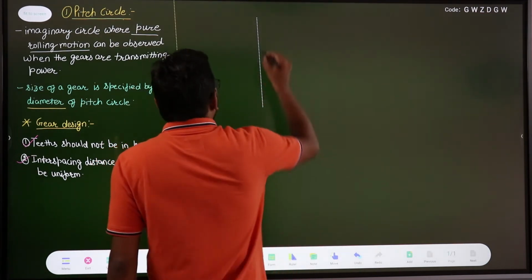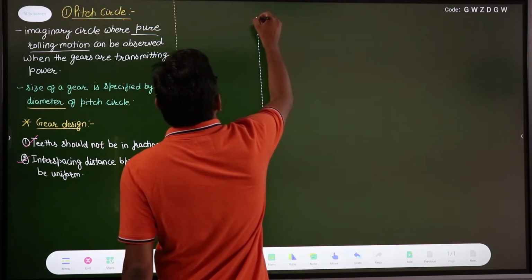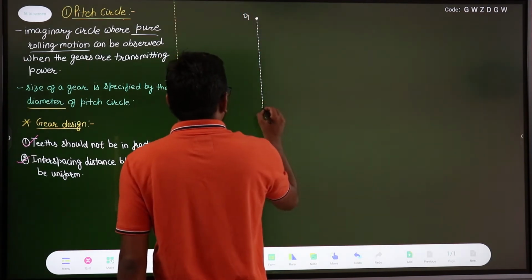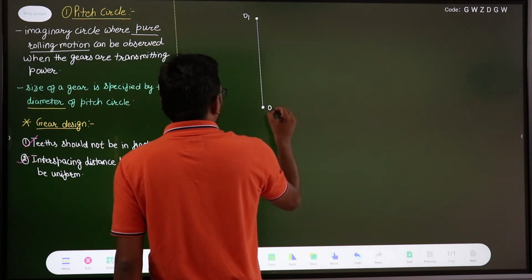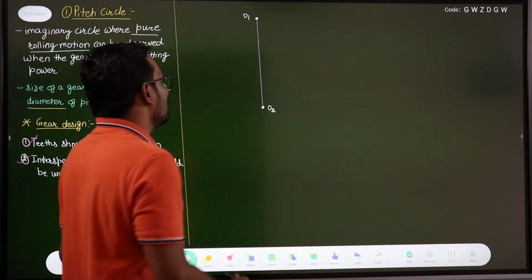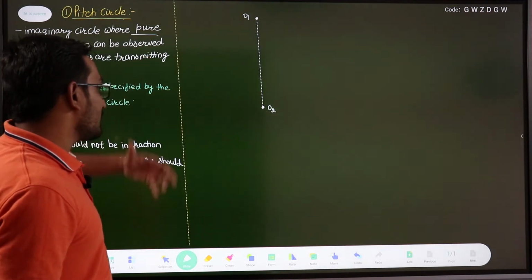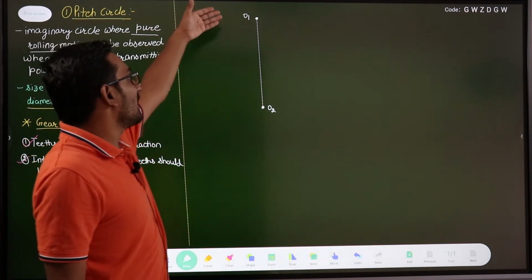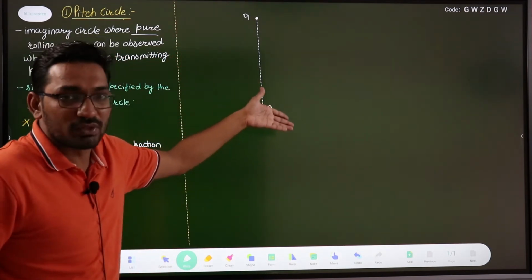Suppose we have one shaft here, let us say this is a point O1, and let us say you have another shaft here, this point is O2, right? Now we want to transfer the power from O1 to O2, right? So O1 is my input shaft, and O2 is my output shaft.